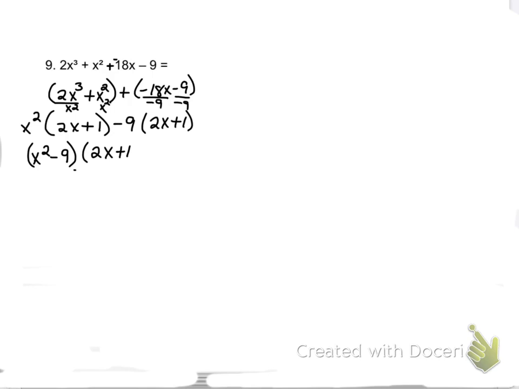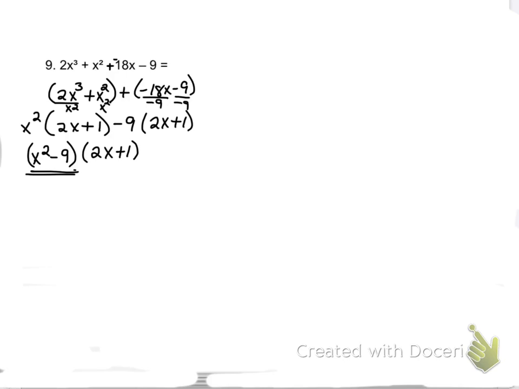But now let's look at this right here. That is a difference of squares. I've got two terms, I've got an x squared, and I've got a minus sign, and I can take a perfect square root. The square root of x squared is x, and the square root of 9 is 3.